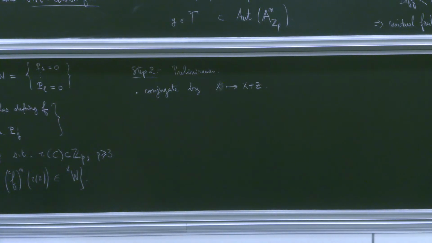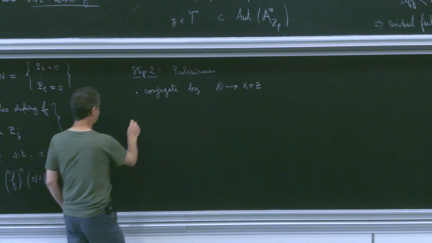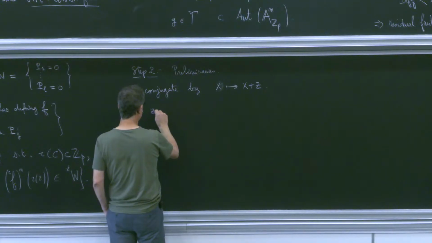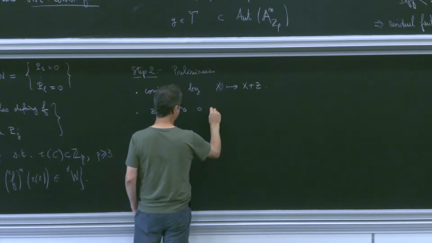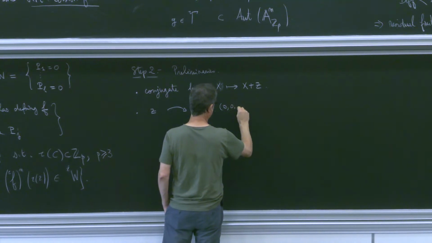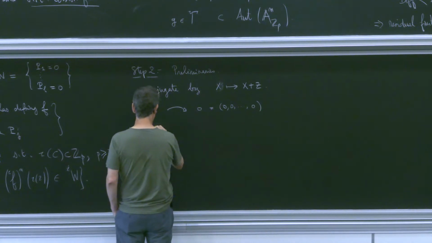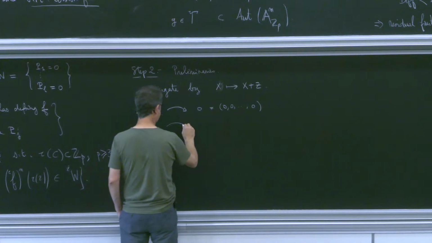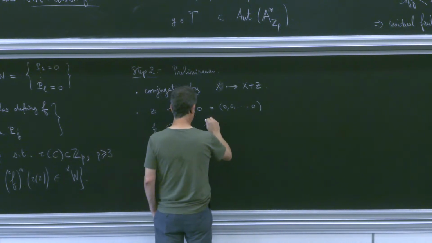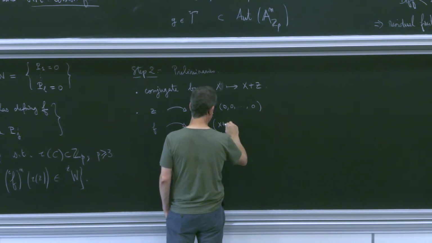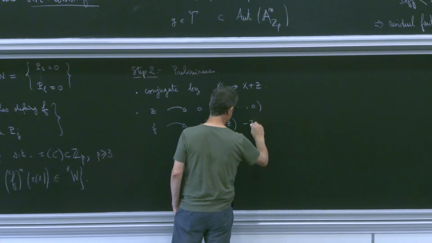So you do that. Now, after you do that, you replace z by the origin 0, 0, 0. You replace f by f of x plus z minus z.